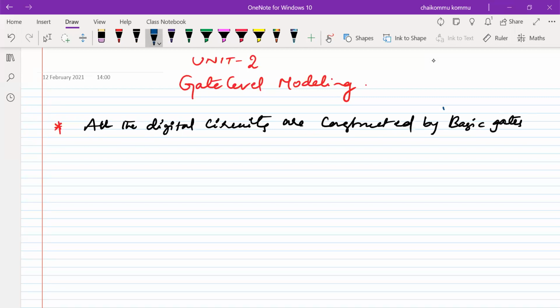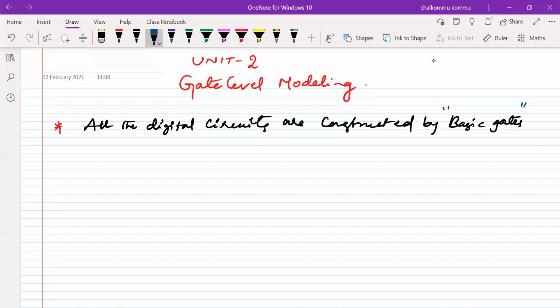Clear? If you take any digital circuit, all of these digital circuits are constructed mostly by using the basic gates. Of course, 100% that is basic gates. That is the lowest level of abstraction.